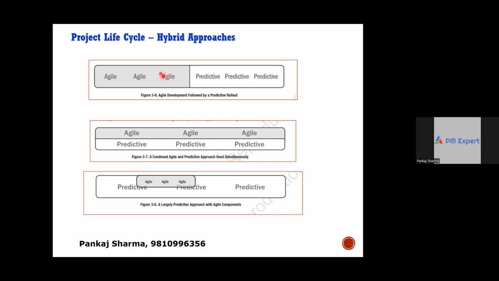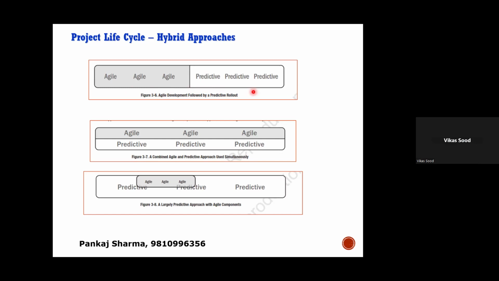Now let me take a second example of hybrid. Let's go to the COVID vaccine. Developing a COVID vaccine, is it agile or not? Yes, agile. But rolling out, giving vaccines to people, because rolling out is also a project, can we do rolling out in a predictive or phased manner?